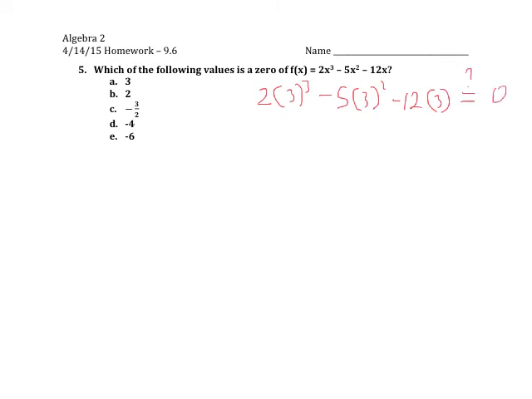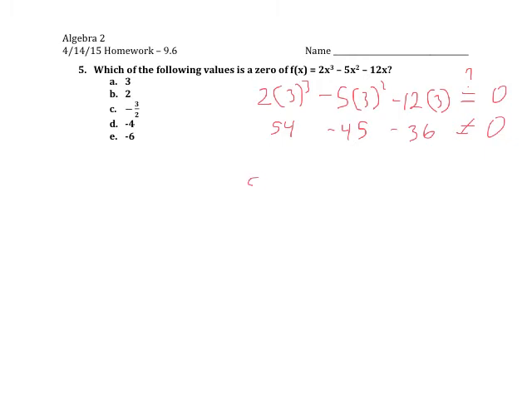So 2 times 27, that's 54. 3 squared is 9, times 5 that's 45. Minus 36, that is not 0.